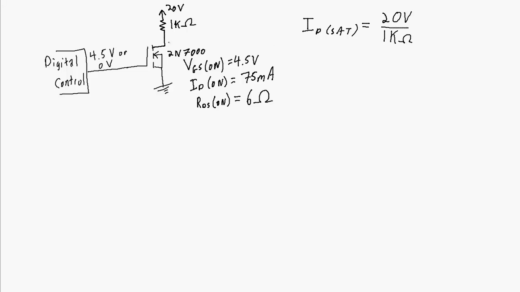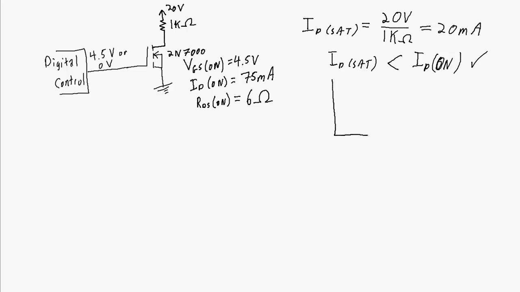ID sat is when we assume that the drain source voltage here is 0. That works out to 20 milliamps. 20 milliamps ID sat is less than ID on. Therefore, we are operating in the ohmic region. Just write that out: ID sat is less than ID on. Therefore, we are in the ohmic region.